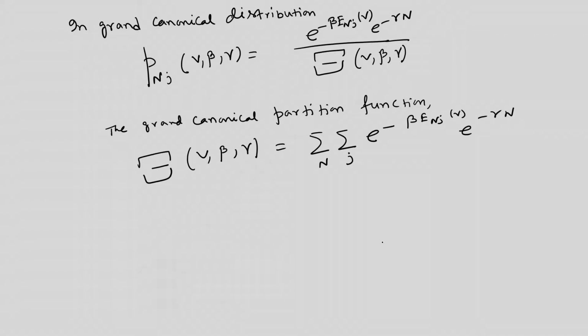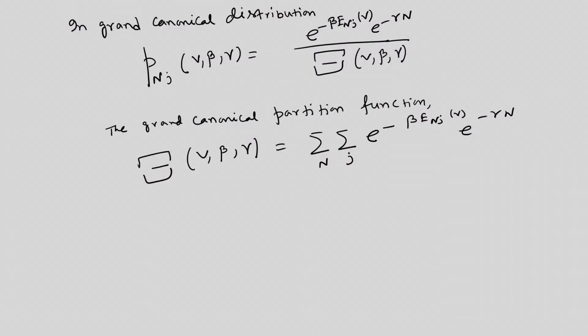So since we obtained the partition function, we can calculate different thermodynamical properties like average energy. So if we calculate average energy, we know the expression for average energy.